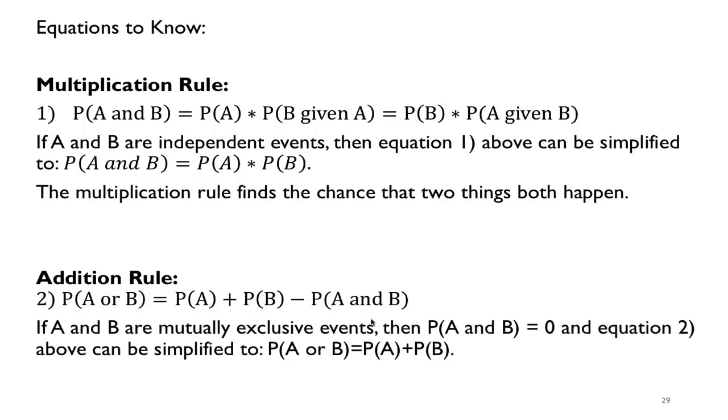If A and B are mutually exclusive, then the probability of A and B is 0 because they can't happen at the same time. So equation 2 simplifies to P of A or B equals P of A plus P of B, assuming A and B are mutually exclusive. So if it's mutually exclusive, this is simple, but in general you want to apply equation 2, where you have to subtract the intersection.